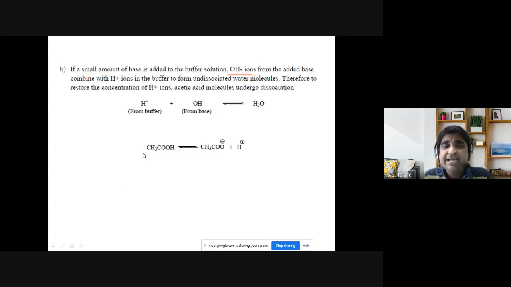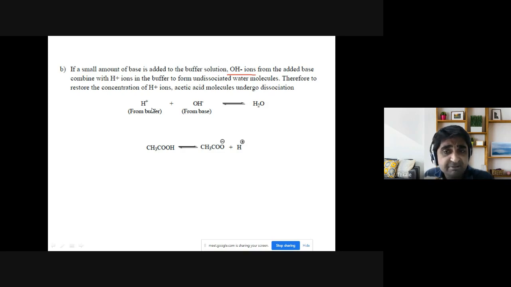When we add some base, which consists of OH minus ions, the OH minus ions will combine with the H plus ions and form neutral water molecules. As a result, what is being done in the equilibrium system?